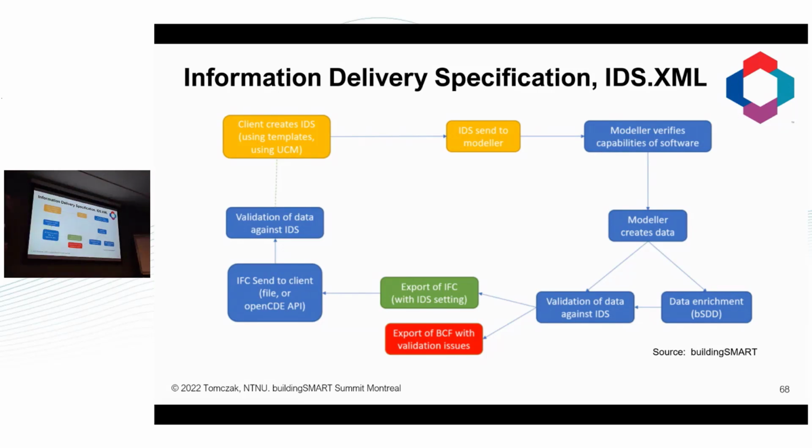But I will show you how to do that in IDS because I'm familiar with it. And when you define your requirements in IDS, you can then run the validation of your data. And if it fails, you can generate a report, for example, in BCF, which is another open BIM standard.